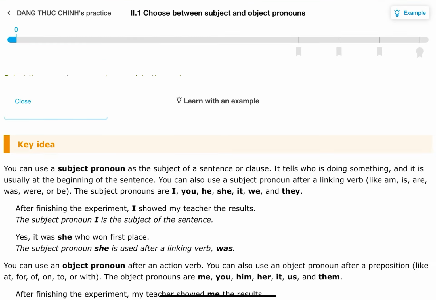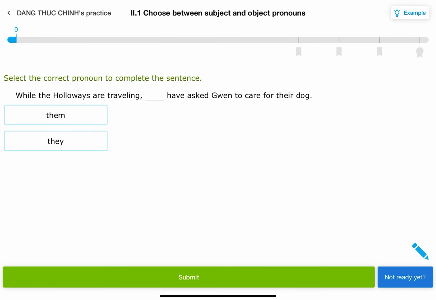So let's practice. While the Holloways are traveling, they have asked Gwen to care for their dog. You see, traveling is our verb, our expression.